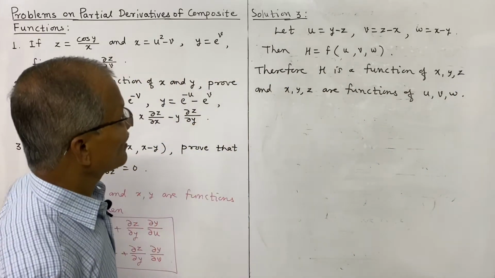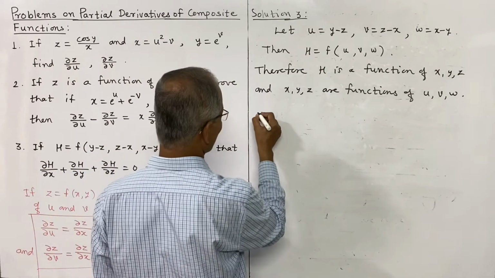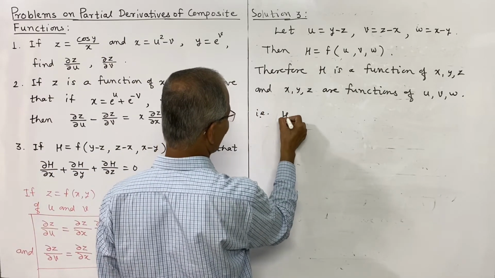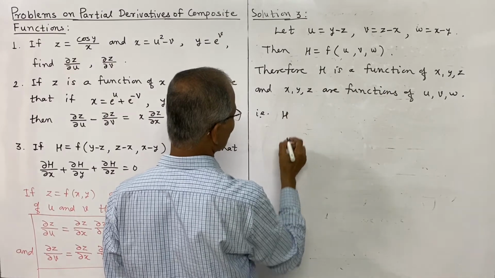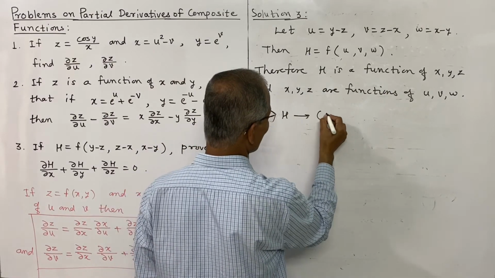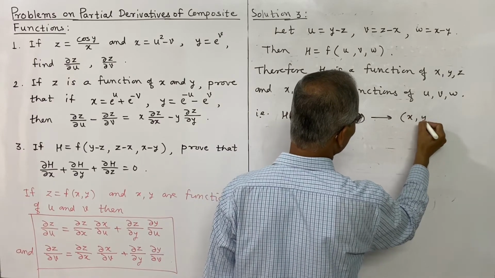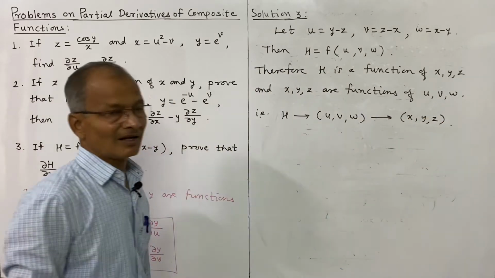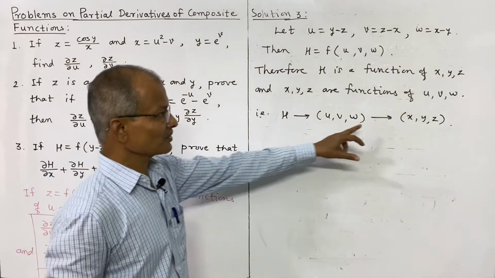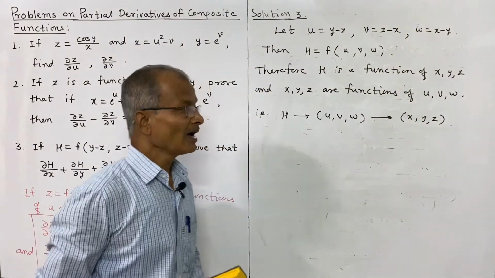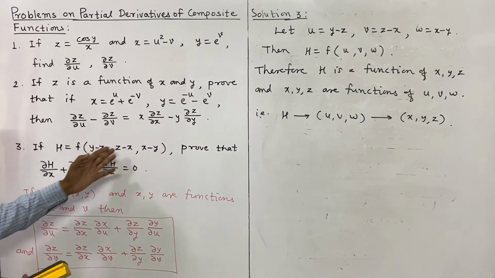So we can express this as h is a function of first u, v, w, and u, v, w are functions of x, y, z, and therefore finally h becomes a function of x, y, z, and here also it is a function of x, y, z.